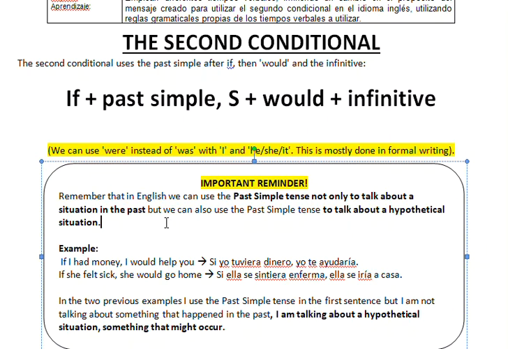También lo utilizamos para hablar sobre una situación hipotética. Hypothetical situation, I'm sorry. Entonces, en este caso, cuando nosotros ocupamos el pasado simple en el segundo condicional, no estamos diciendo que algo sucedió, no estamos diciendo que algo ya pasó, estamos hablando sobre algo que podría suceder. Cuando eso sucede, nosotros estamos utilizando el modo subjuntivo.